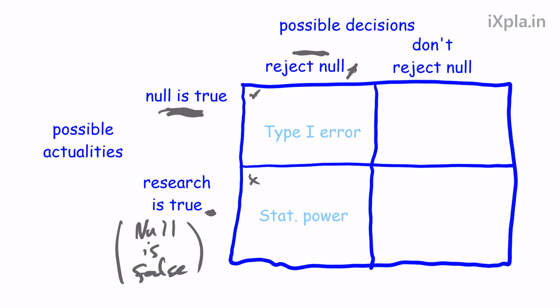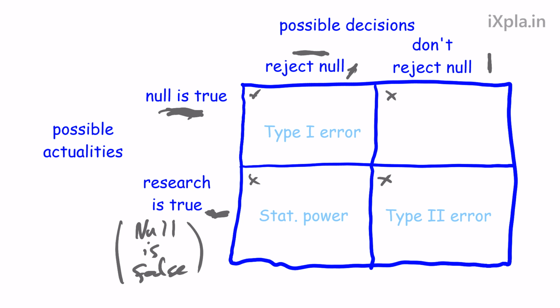And then let's say that the research hypothesis is true again, and you do not reject the null. So that means we're dealing with this cell, and that would be a type 2 error. Now, of course, there's this 4th outcome up here.